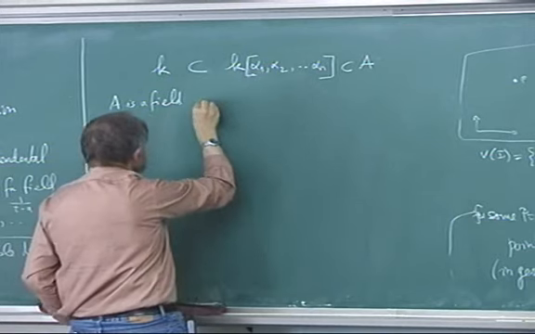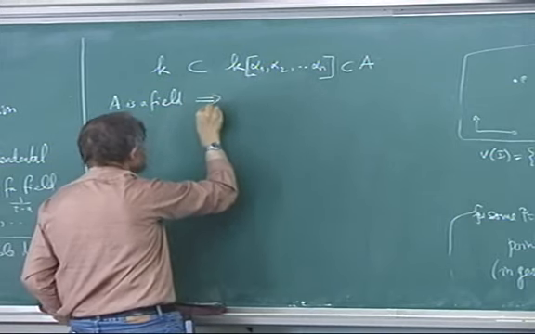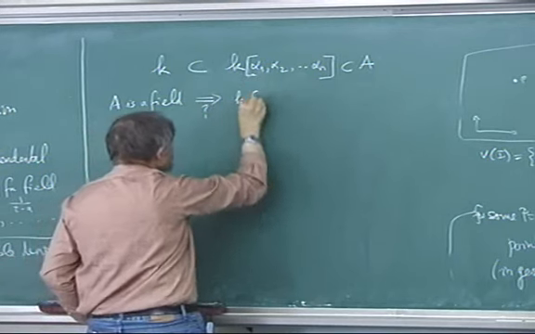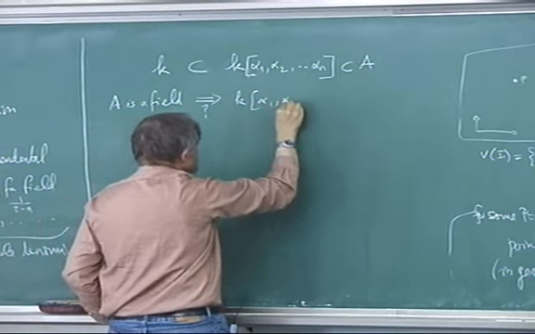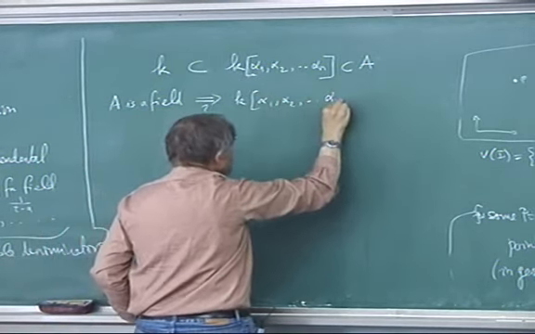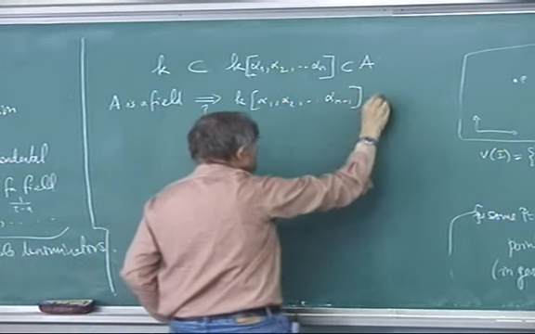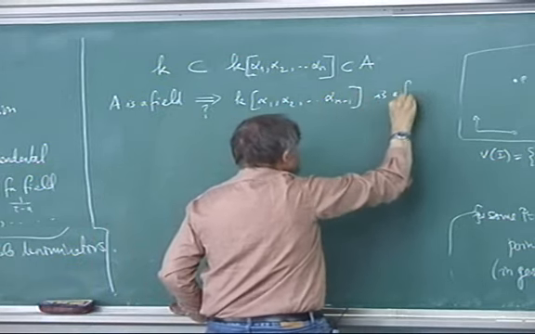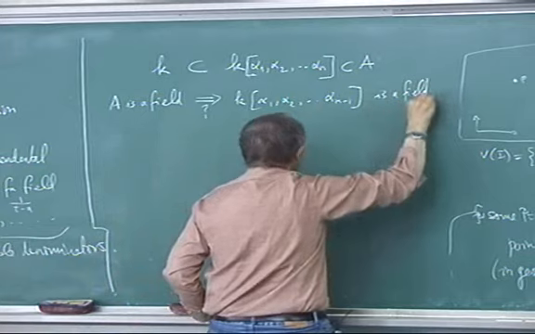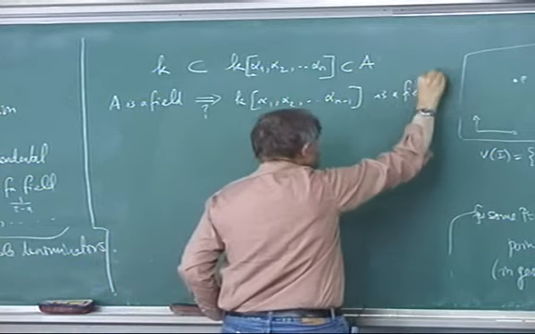So I want to say that this implies that k of alpha 1, alpha 2, up to alpha n minus 1 is a field. So is this true?